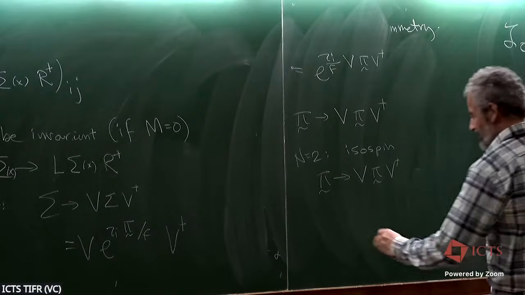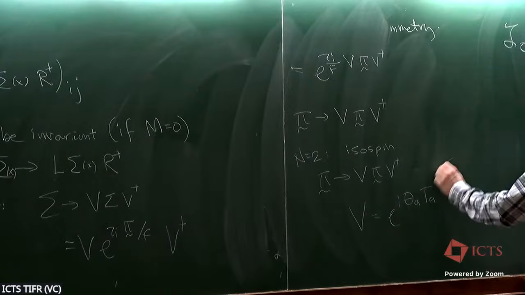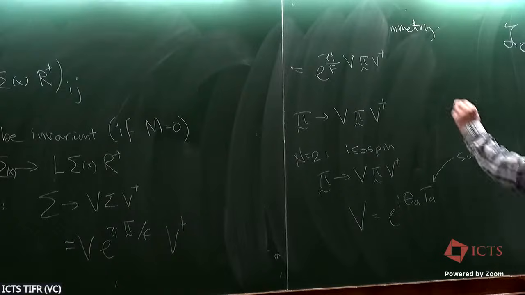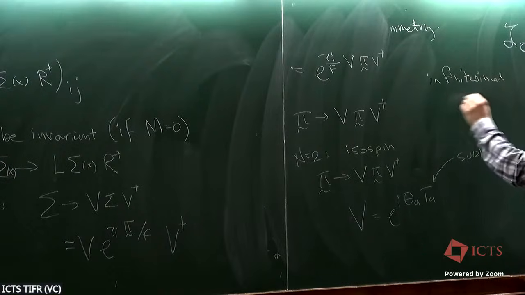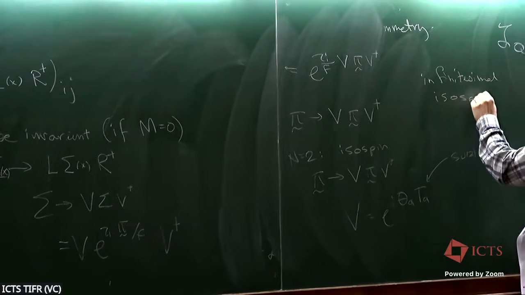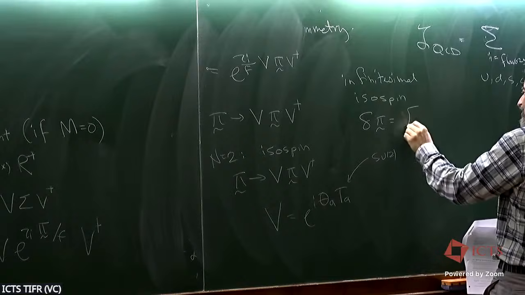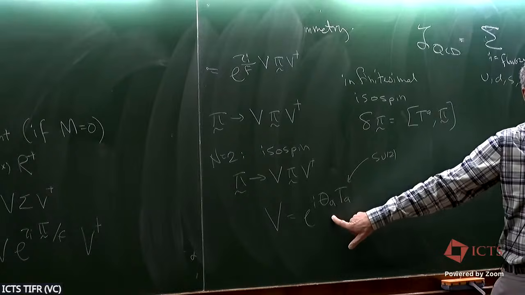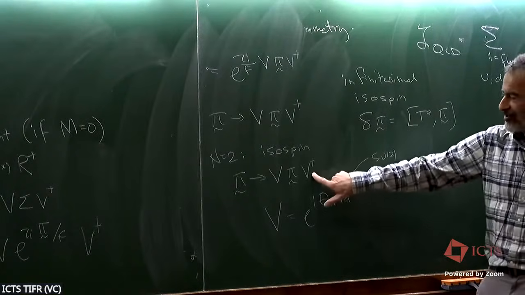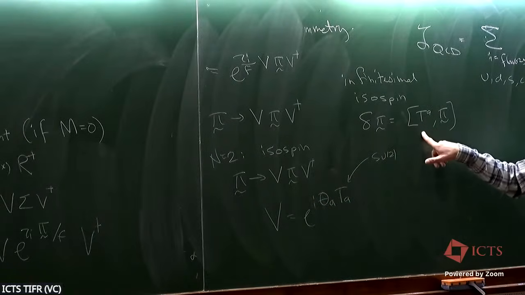Now, V is equal to some set of angles times rotations, where these are SU2 generators. Under an infinitesimal isospin rotation, delta pi looks like the commutator of T A with pi, because this looks like 1 plus i theta dot T, and this looks like 1 minus i theta dot T. If I expand to linear order in theta, I'm left with this commutator.